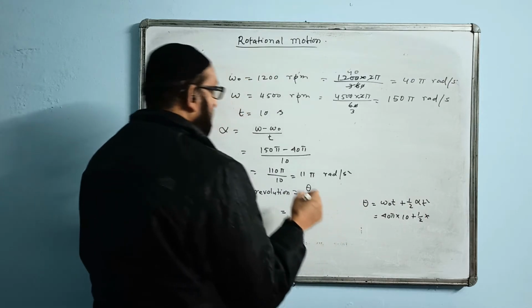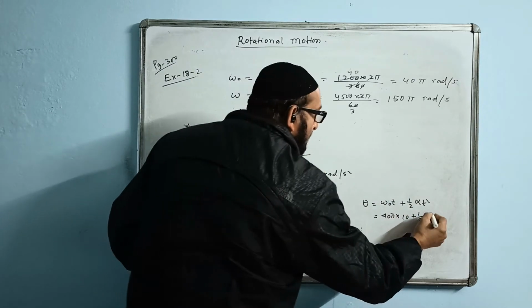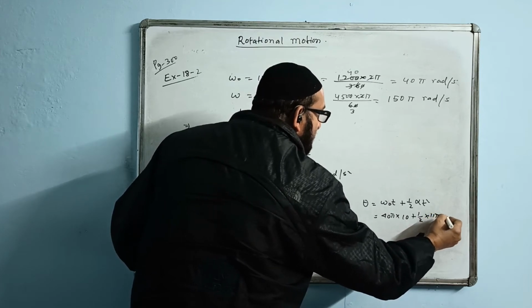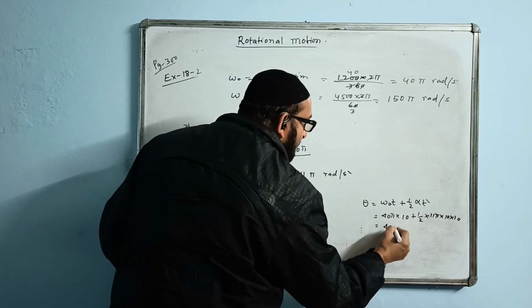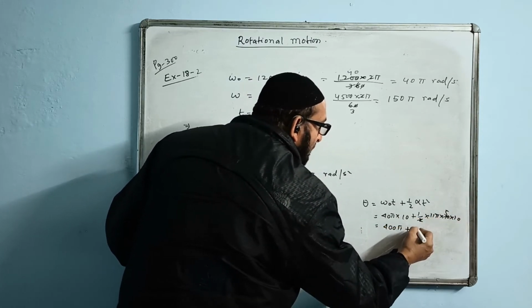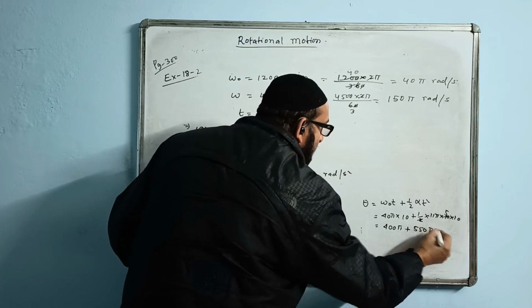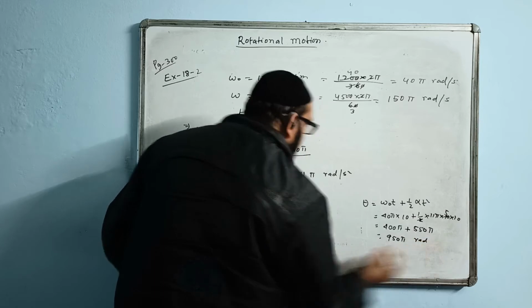Alpha value is the value we found, 11 pi, into time is 10, so 10 into 10. This is coming 400 pi plus 550 pi. That is 950 pi radian.